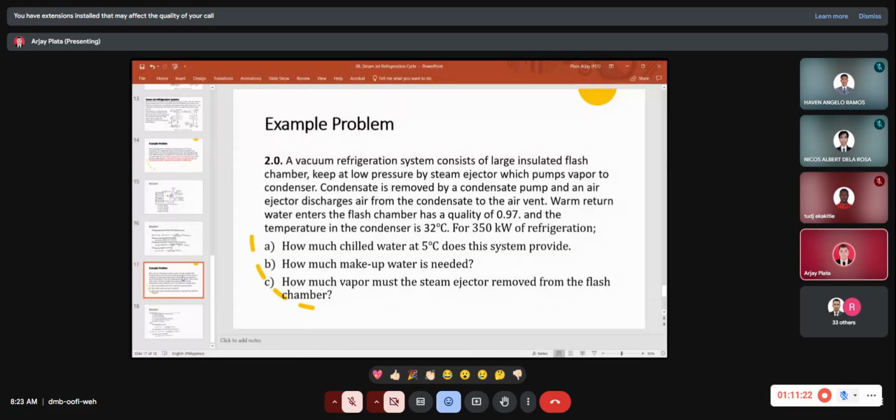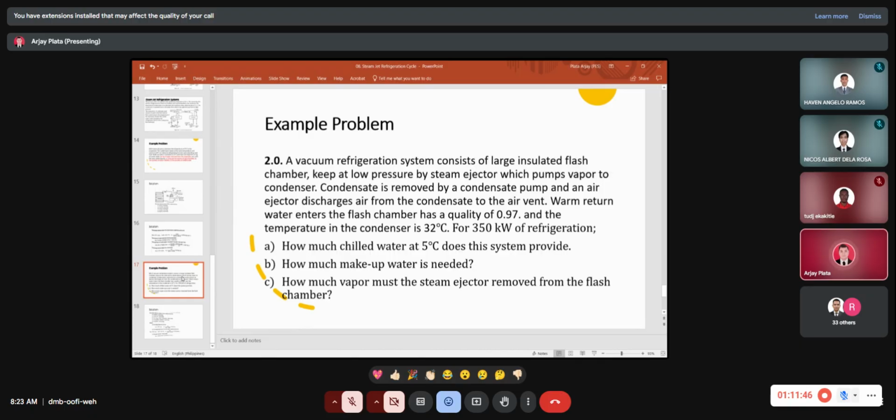A vacuum refrigeration system consists of a large insulated flash chamber kept at low pressure by a steam ejector which pumps vapor to a condenser. Condensate is removed by a condensate pump, and an air ejector discharges air from the condensate to the air vent.